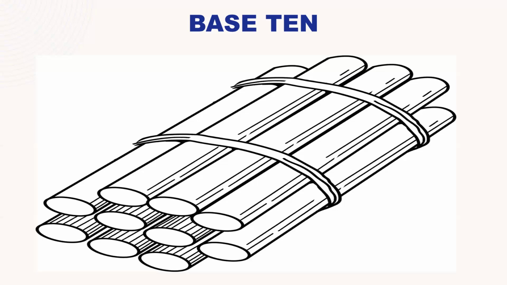So if I tie 10 and I have 8 pieces, it is 18 base 10. All the time, if you have 2 digits, the first one tells you how many bundles you have, while the second one tells you how many single pieces you have. So if you have 28 base 10, it means we have 2 bundles of sticks in tens, then we have 8 pieces. Do you understand?